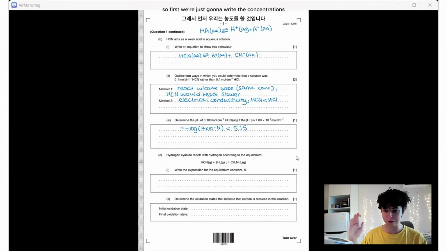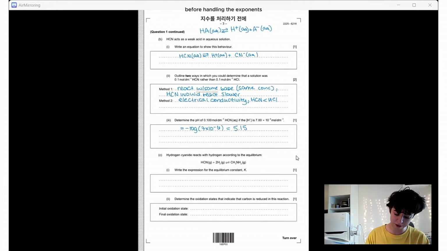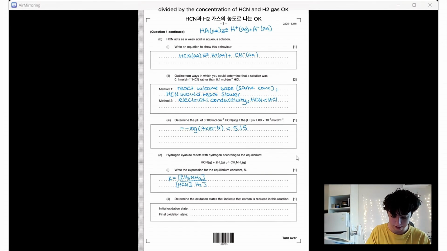Okay, so first we're just going to write the concentrations before handling the exponents. We're going to go K is equal to the concentration of CH3 and H2 in our numerator divided by the concentration of HCN and H2 gas.